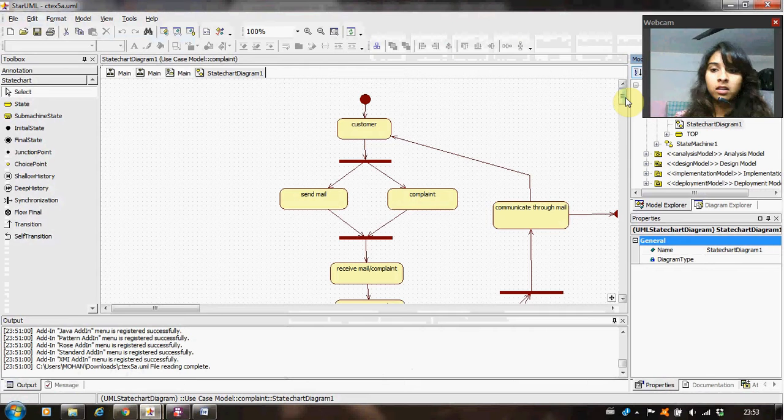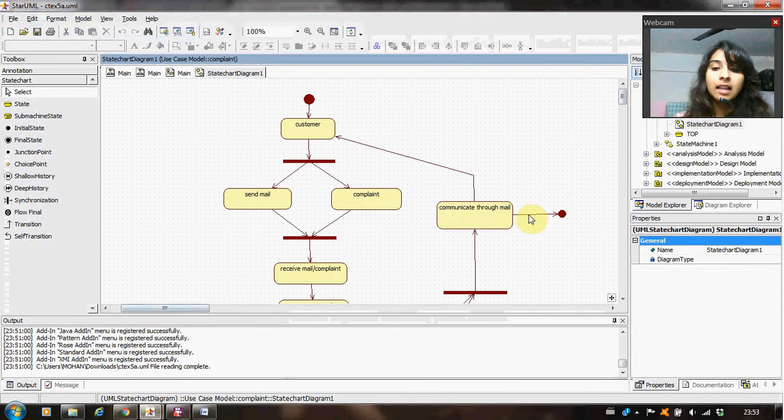As you can see here, there's another small circle which is filled, and this means junction point, and junction point is after a state where no more flow or no more process can be done, but this need not be the final state.